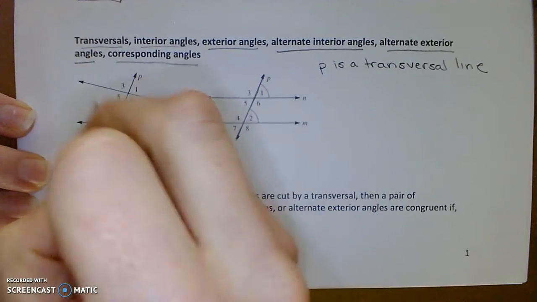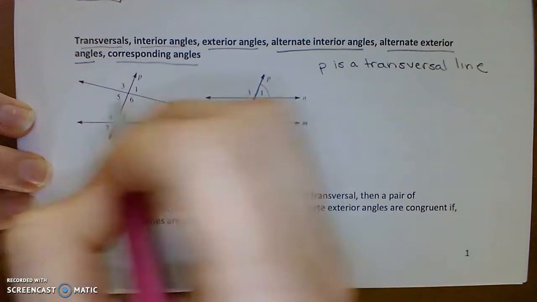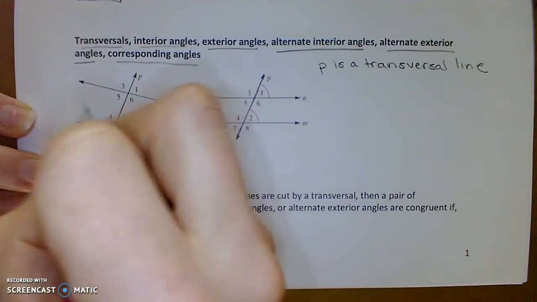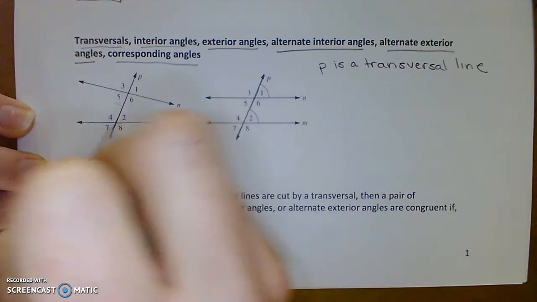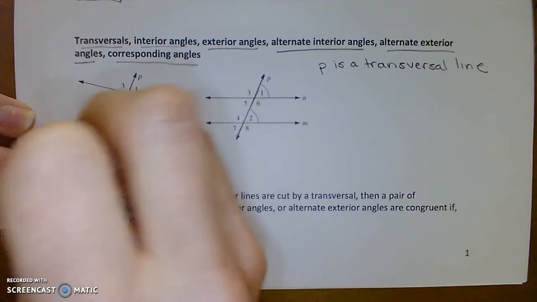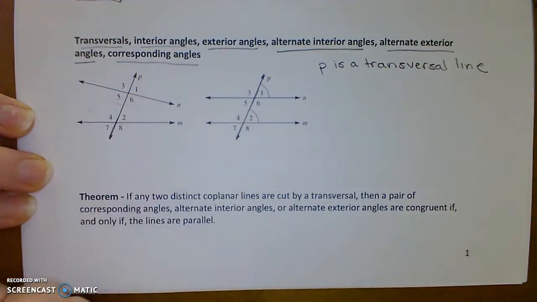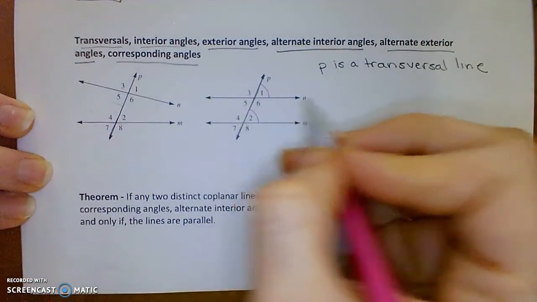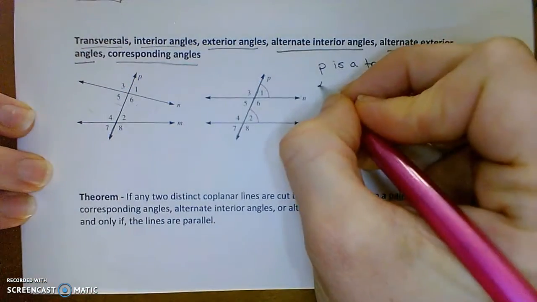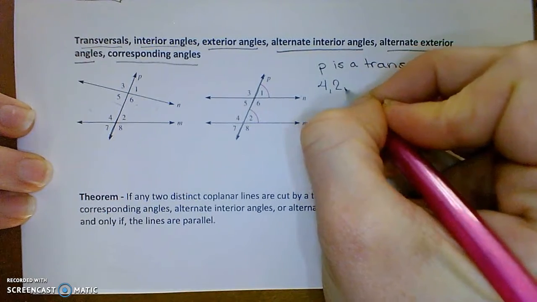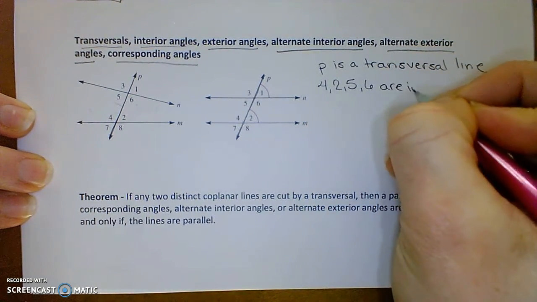So in this example, the angles that are created in between the space made by the two non-transversal lines would be called the interior angles because they are inside of the space made by those two lines. So the interior angles here would be 5, 6, 4, and 2.